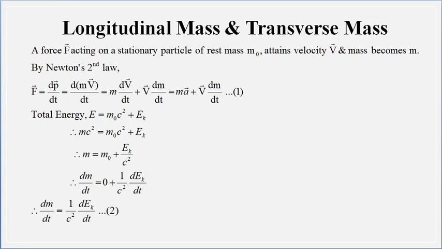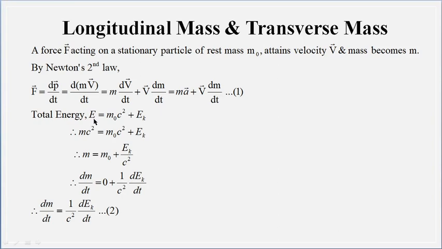Even when the body starts moving, it has energy by virtue of its mass, and besides that, by virtue of its motion it has energy. The energy due to its mass is the rest mass energy, and the energy due to motion is the kinetic energy. This is the total energy the body possesses.